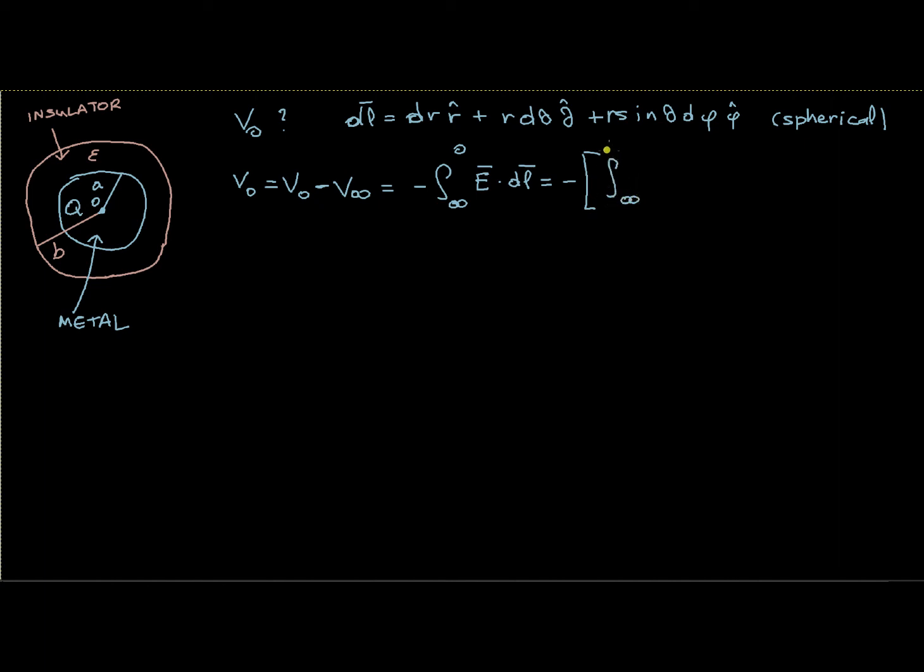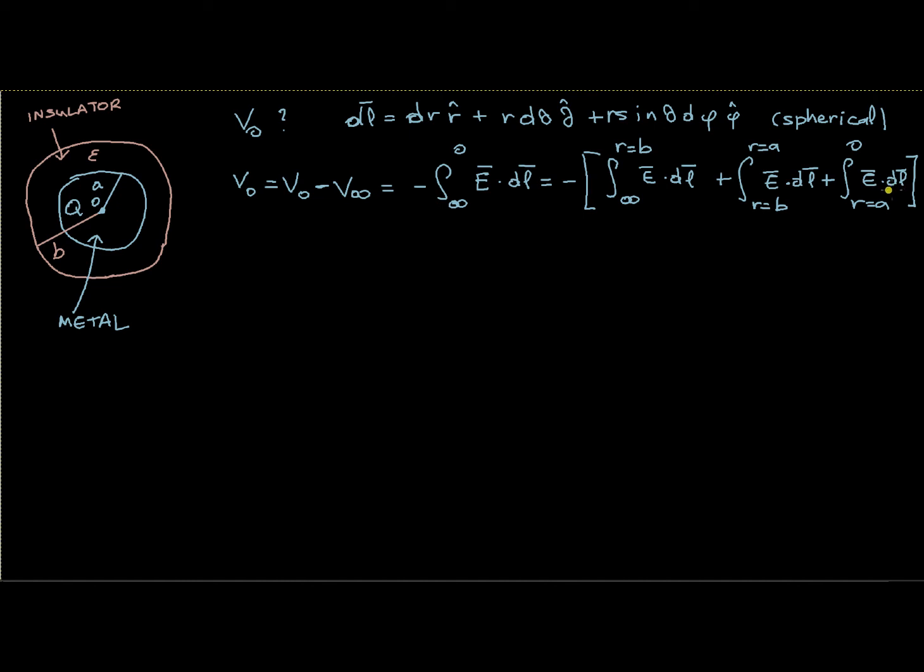I'm going to go from infinity first to r equals b, and then from r equals b to r equals a of E dot dl, plus the last one, from r equals a to the center, and I need to calculate E dot dl for that. So I have three integrals.